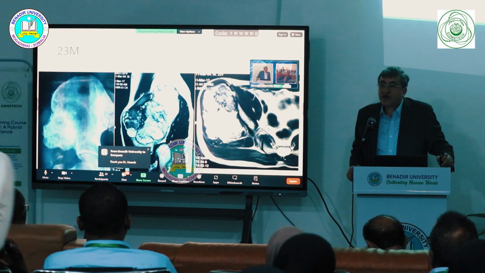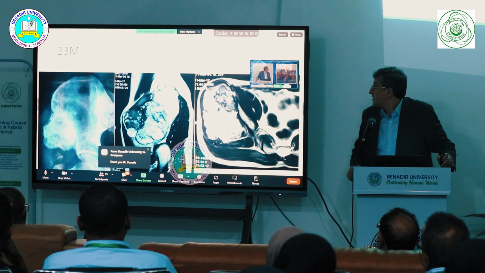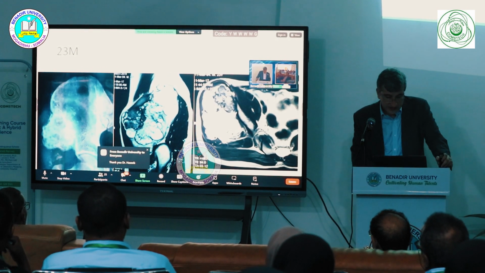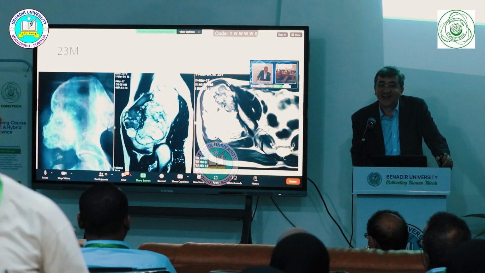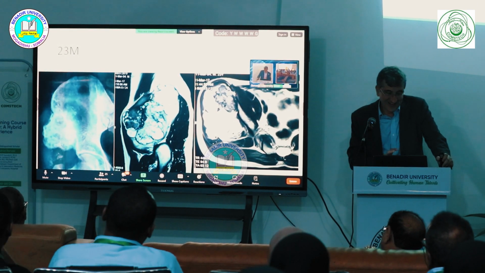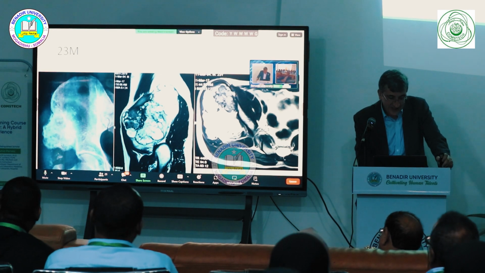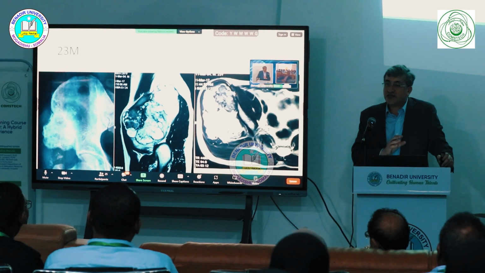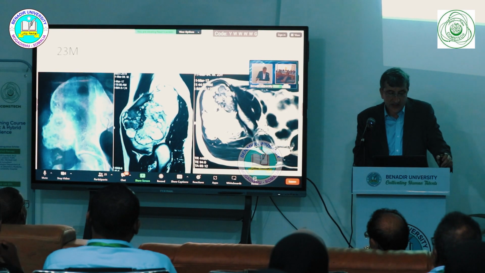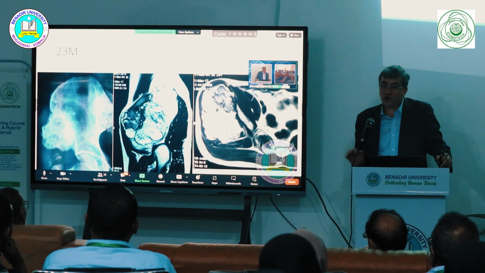23-year-old male patient, what about this? A zombie? Looks like it has an eye and mouth. So on X-ray, it is a surface lesion, but going into the bone as well.